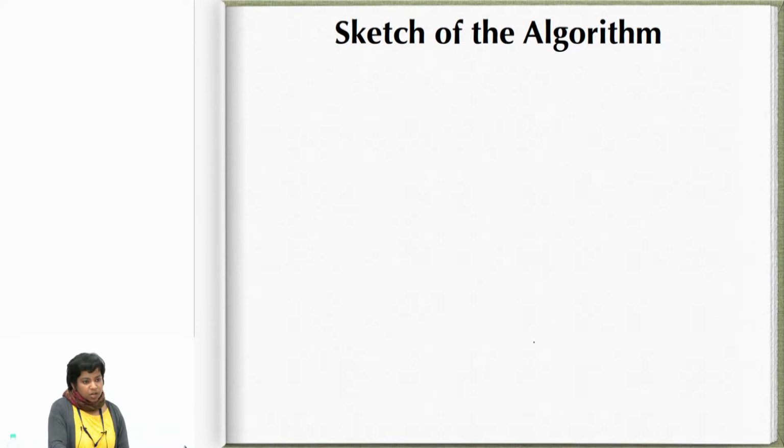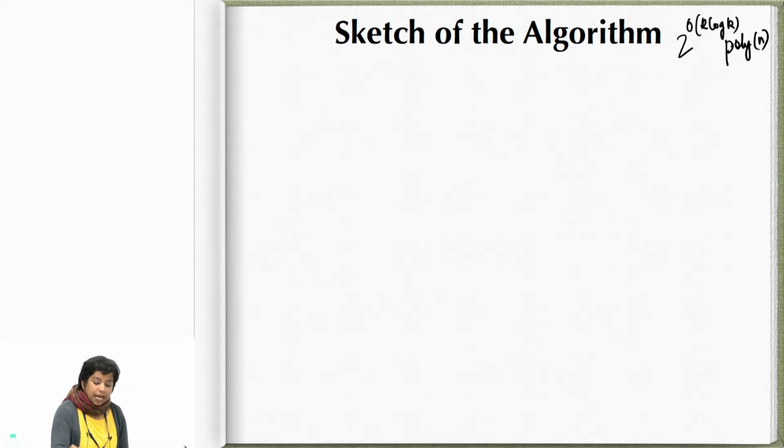Our agenda, remember, is to solve this question in this much amount of time, so I can take exponential, 2 to the power k log k, time. Here k, remember, is the number of upsets.